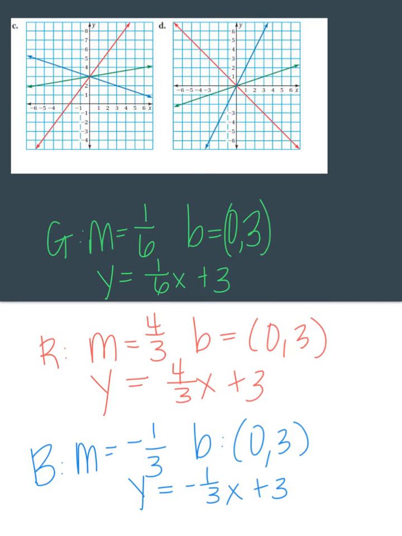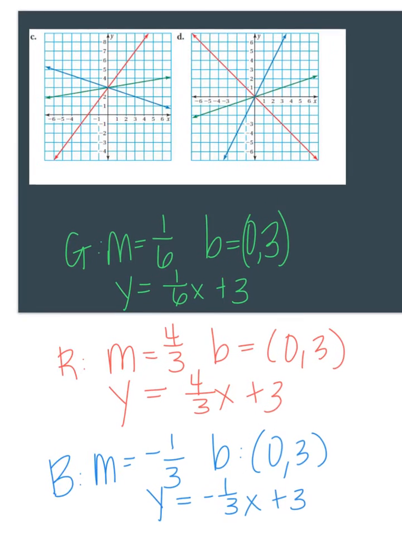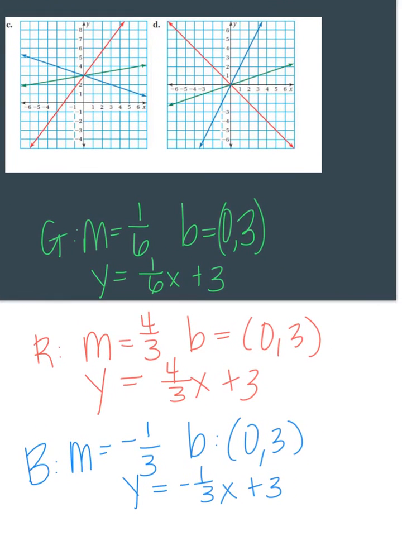Okay, so I've put up the information on here, but just by looking at this grid in C, I automatically recognize that the blue line is a negative slope. So you should have included a negative in your blue line, which is this one right here.